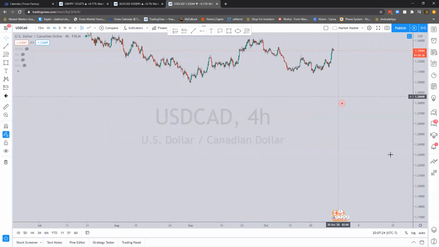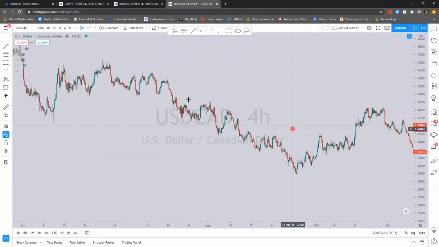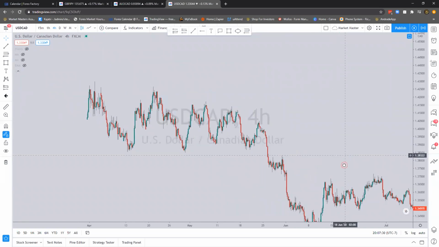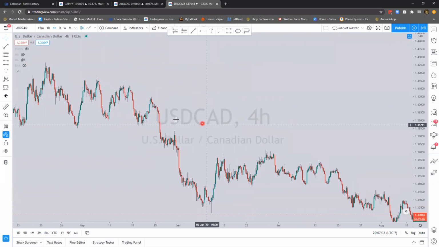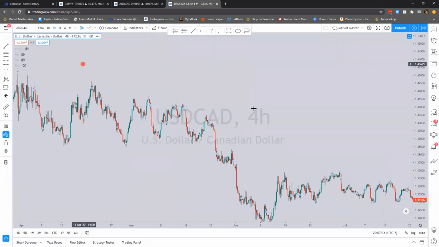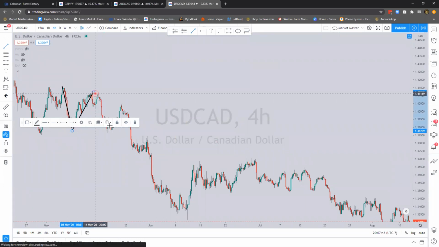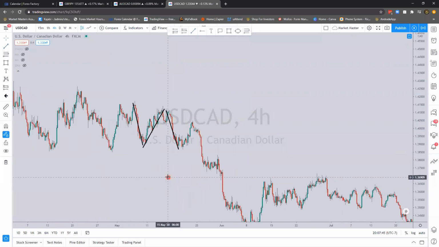Zoom into the chart. And I'm going to spot an area of a good flow of a downtrend. So right in this area, we see lower low, lower high, lower low. It was lower than this previous low.